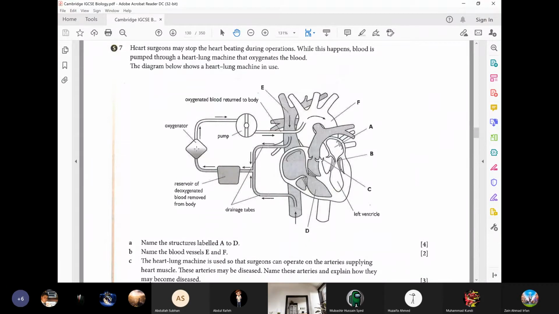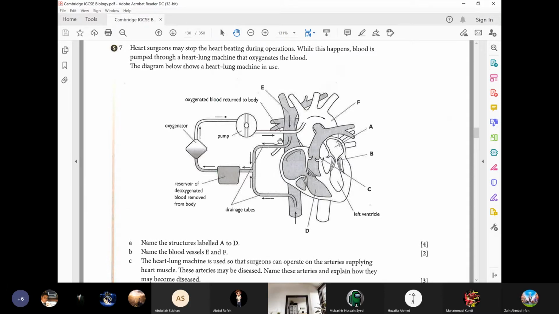Once oxygenated, it goes into the pump, and the pump sends the blood into the aorta, and the aorta takes the oxygenated blood to the whole body.